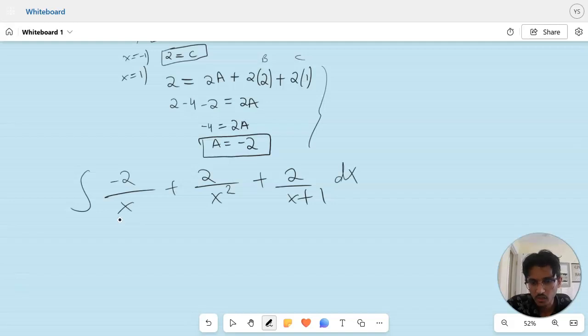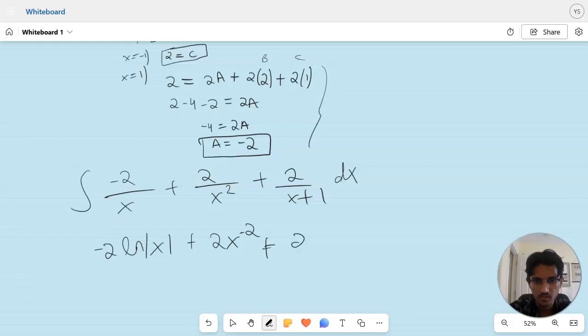We can find the individual integrals, but this, as we've been looking at, is going to be negative 2 ln of x. But here, this one, since it has a factor of more than 1, I'm going to write this down as 2 times x to the negative 2.